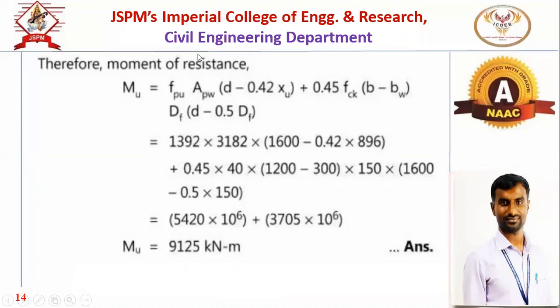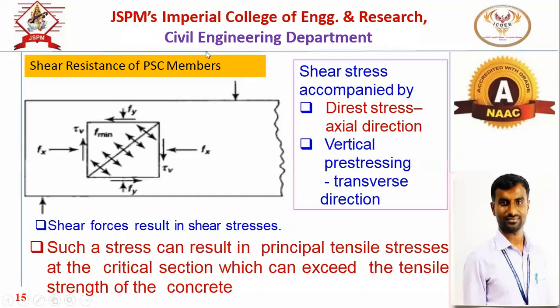Up till now, what have we discussed? We have discussed the moment of resistance, for the rectangular section as well as the flange section, and the various formulas. Next we will see the shear strength or the shear resistance of the PSC member.